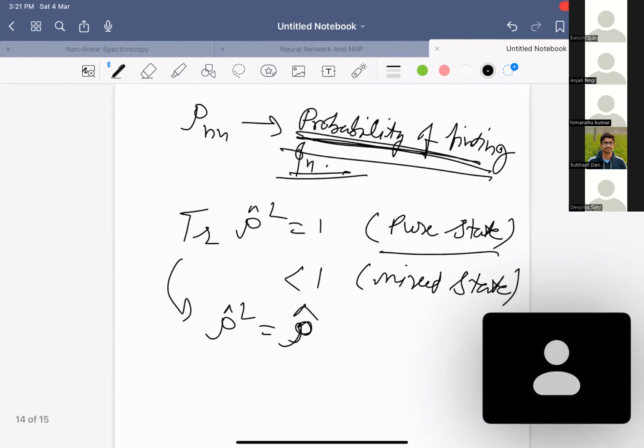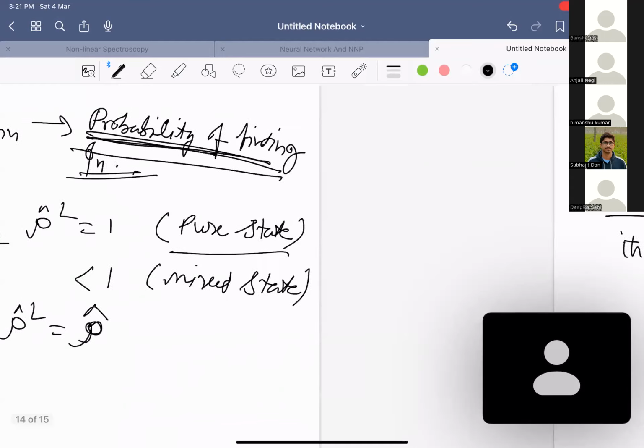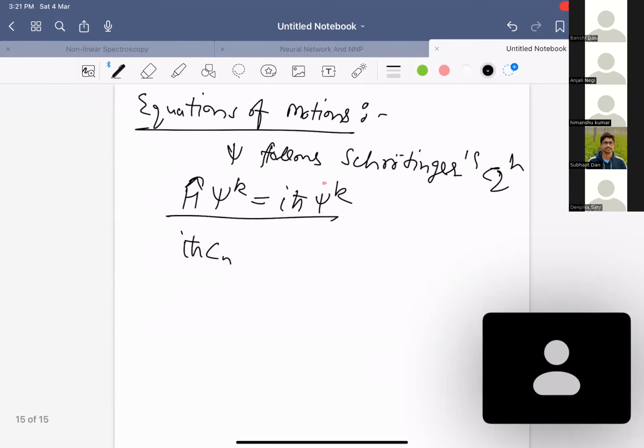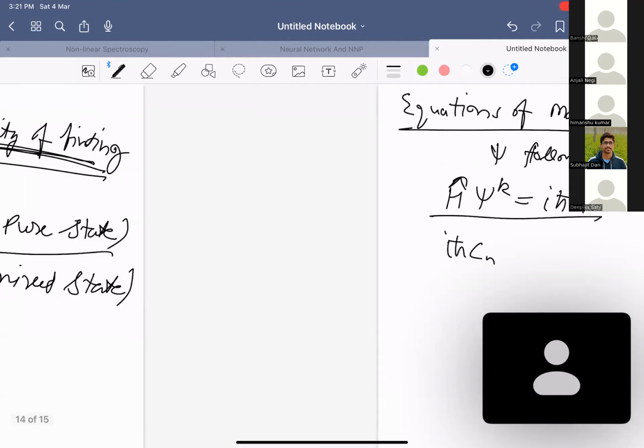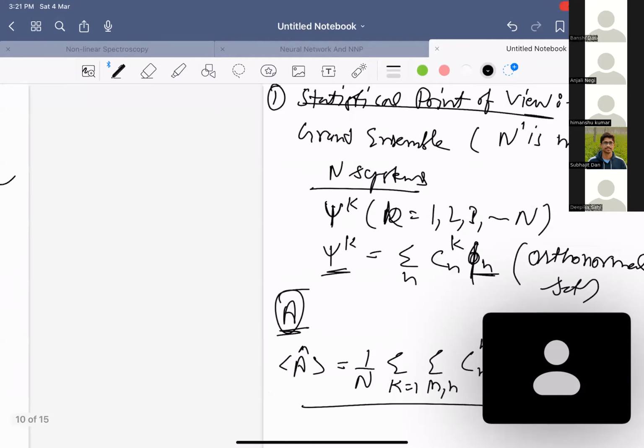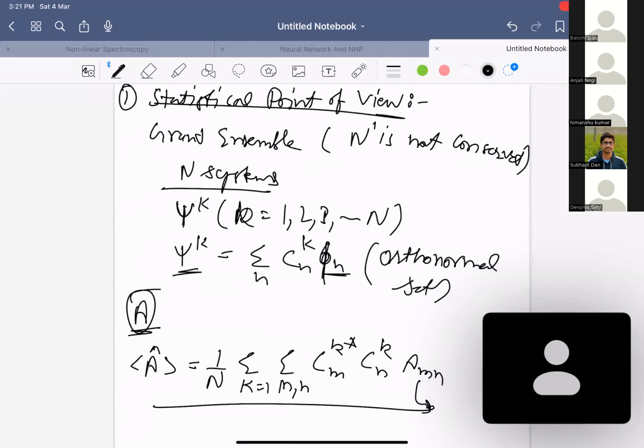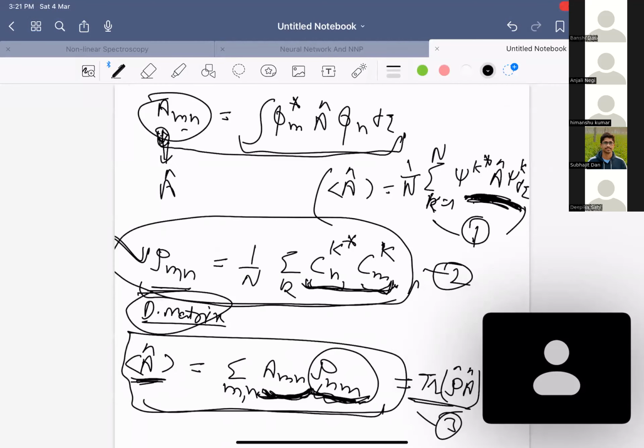Ravi, just a small thing: go to that equation where pk is defined, where rho is defined. Yeah, rho is defined here. If we have only one basis, one Hilbert basis, then rho is finding the state in that statistical basis.